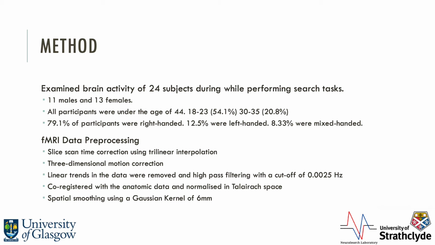In this experiment, we examined brain activity of 24 subjects, including 11 males and 13 females. All participants were under the age of 44, and the majority of the participants were right-handed. The fMRI data collected in this experiment were pre-processed following the fMRI standard guideline.